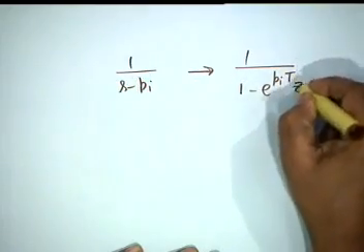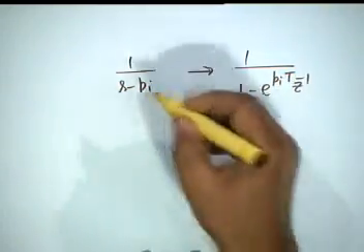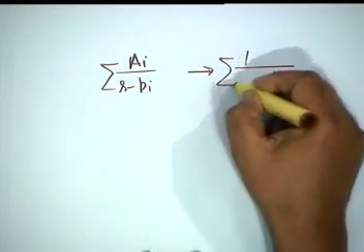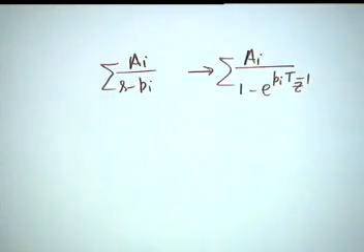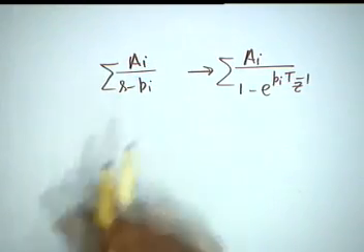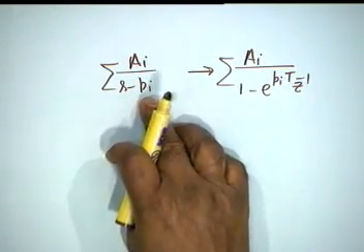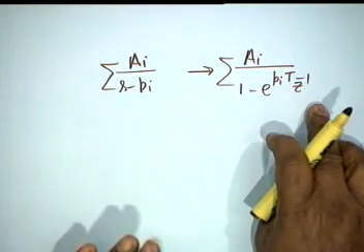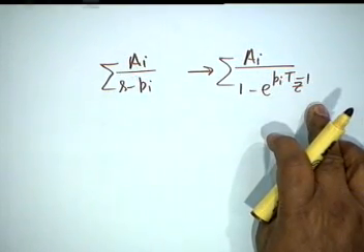Summation a sub i goes to summation a sub i. What we are transforming in this are the poles. The pole at s equal to p i, we find the corresponding pole in the z plane. We have no control over the zeros. Agreed? No control over the zeros.